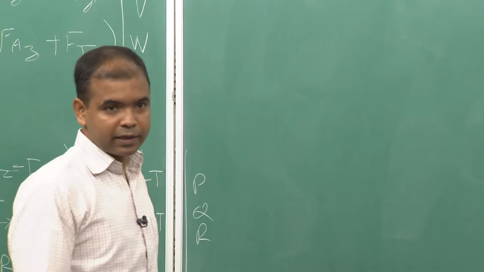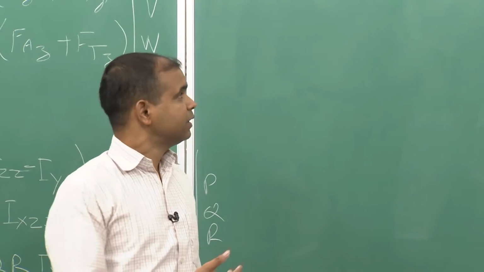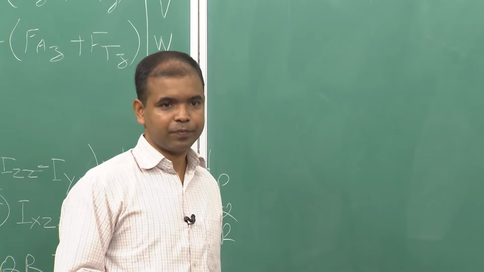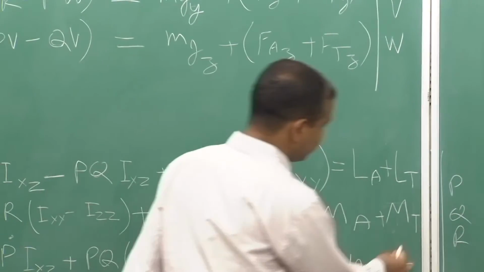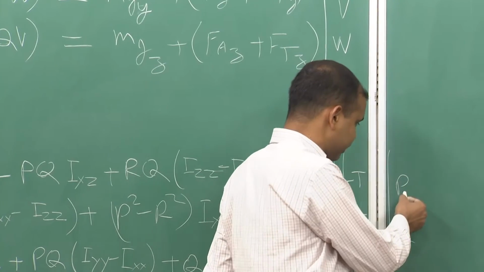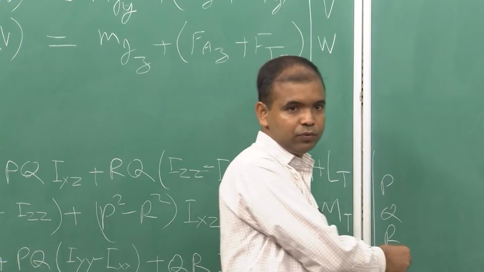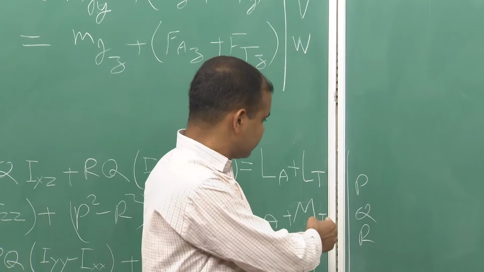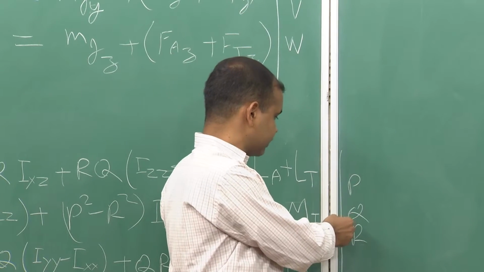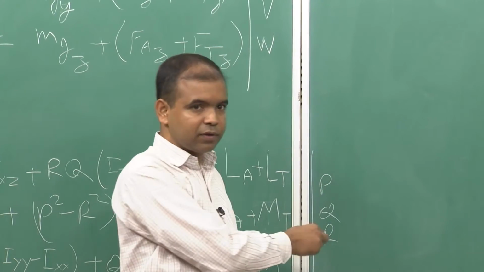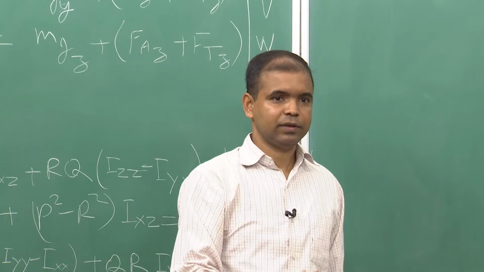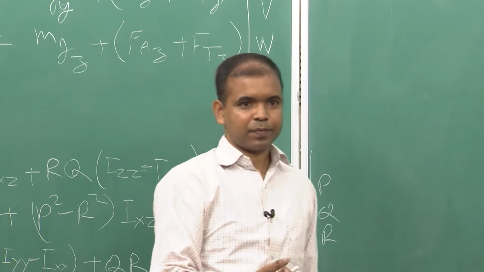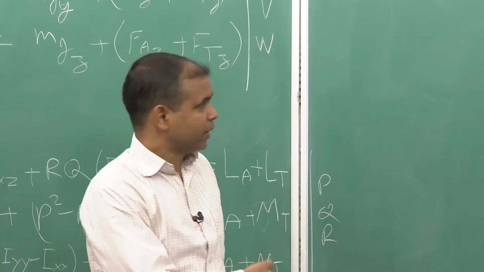Now our target is to find the three Euler angles psi, theta and phi. And what information do we already have? We know the PQR. So, we have to find the psi, theta, phi from the PQR, because this is the rotation, and if you have the rotation and if you know the initial condition of rotation, obviously we can find the orientation, and that we will try to find here.